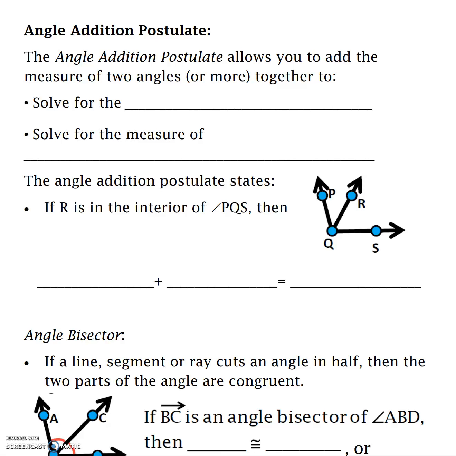The angle addition postulate allows you to add the measures of two angles or more, you could have more than two, together to solve for the measure of a larger angle. That's the whole. Or you could solve for the measure of one of the smaller angles, the part.